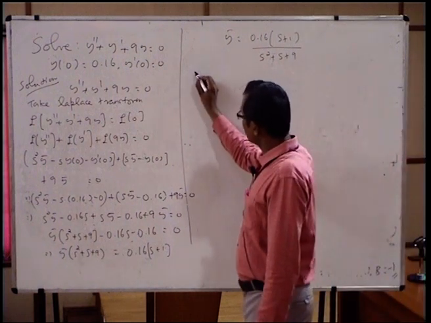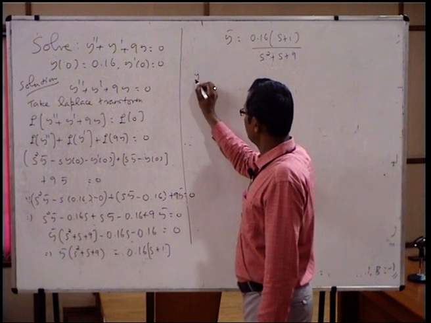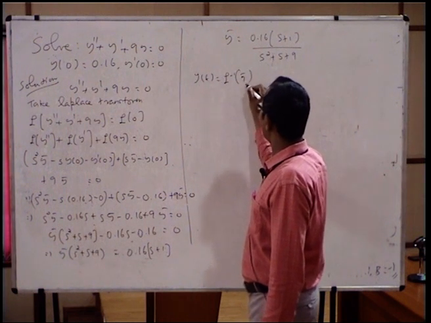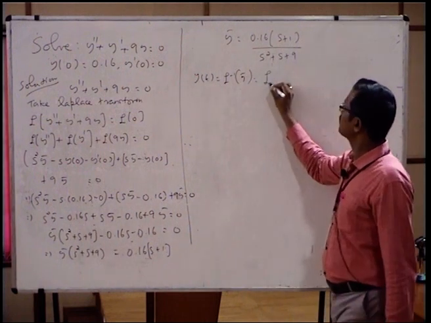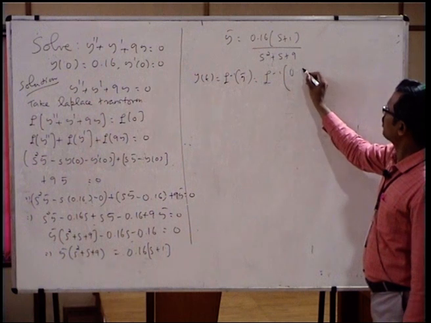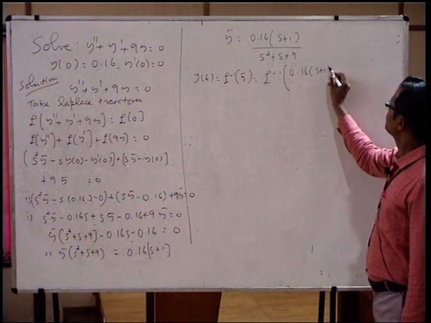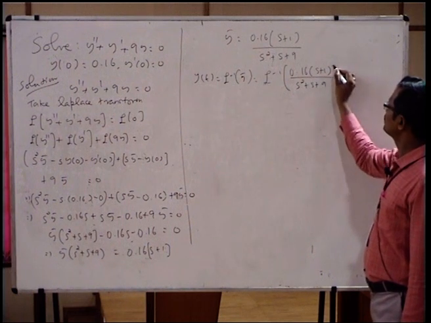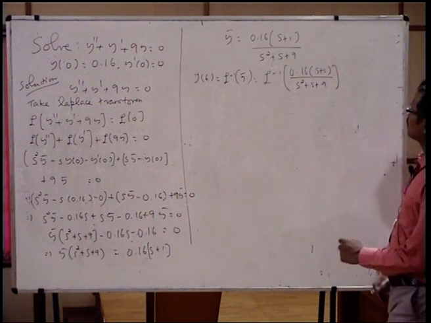Hence, the required solution y of t, which is L inverse of y bar, is obtained by taking the inverse transform of RHS, that is 0.16 into s plus 1 divided by s square plus s plus 9.